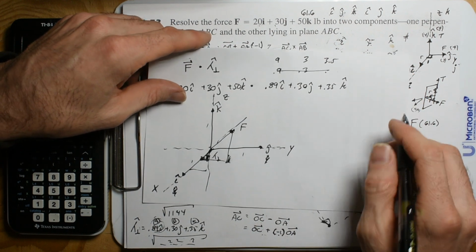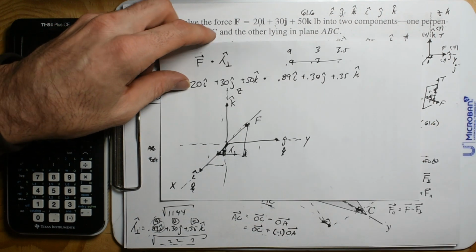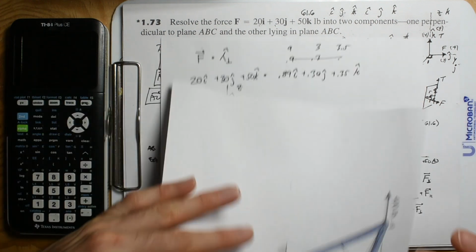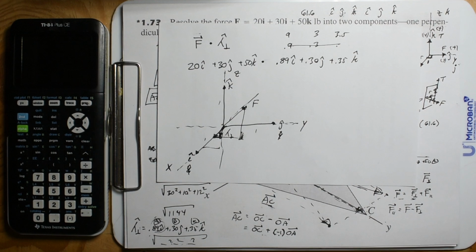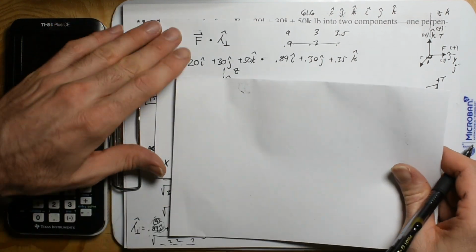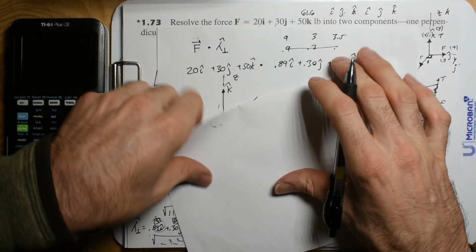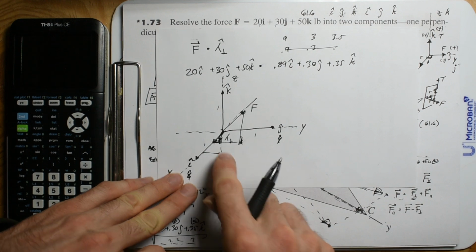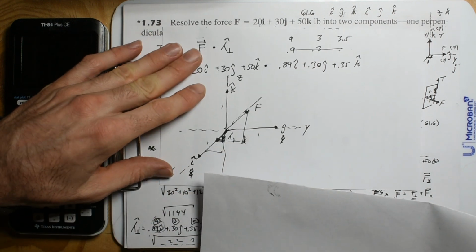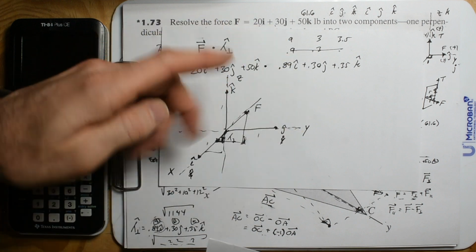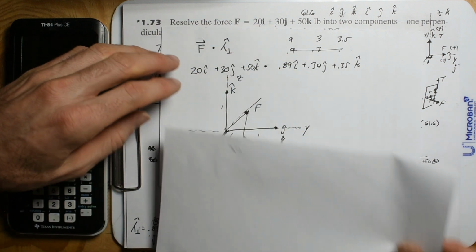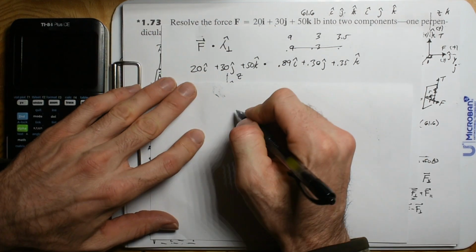So let's draw this one more time. I promise this will be good though. And maybe we can make our axis. This is where you might want to change your axis around so your problem is visually better represented.